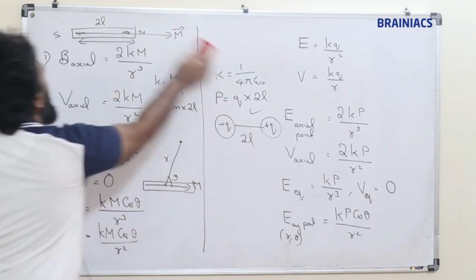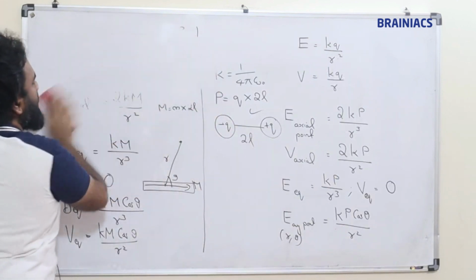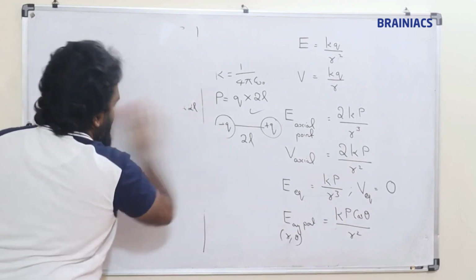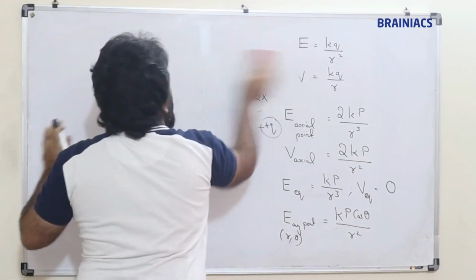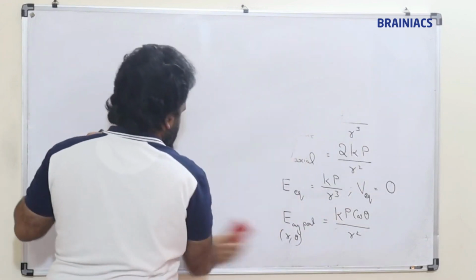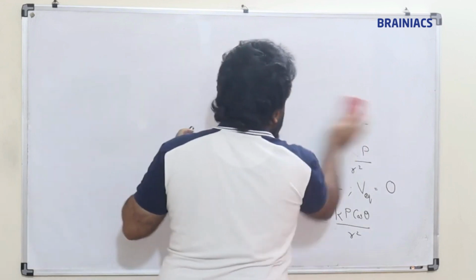Next point is Coulomb's law. We got the comparison between electric field and magnetic field.